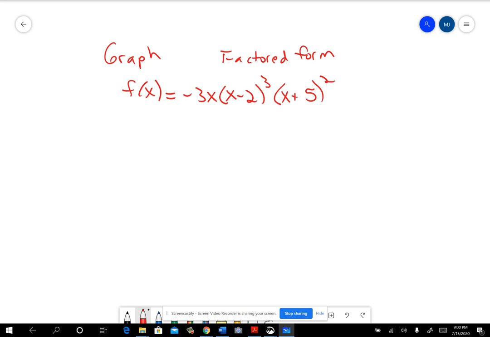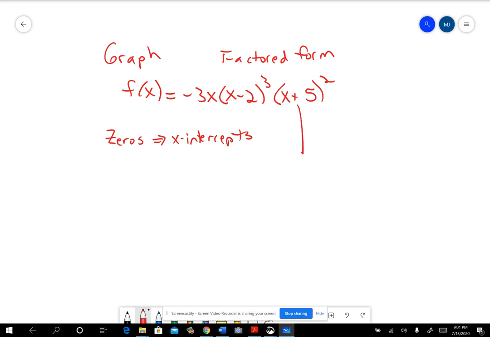Okay, so the strategy you should use: first, you should have the notes filled in and printed. The first thing you should do is think about the zeros of the function, because they correspond to the x-intercepts of the graph, and you get them from the factors.